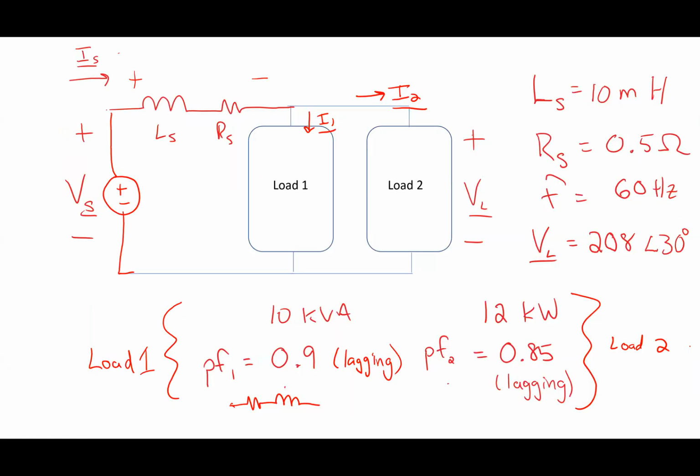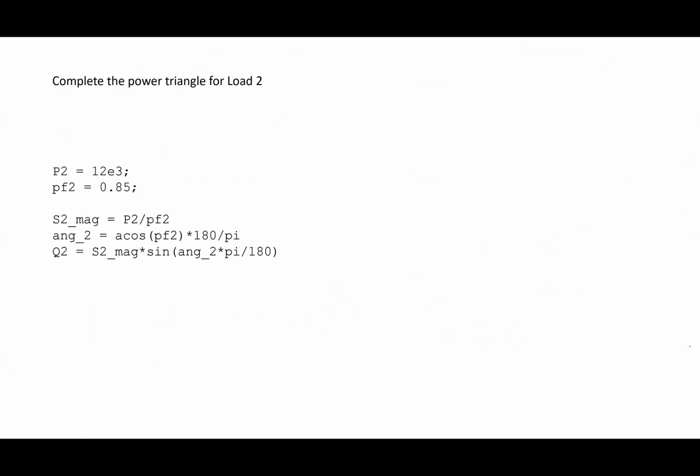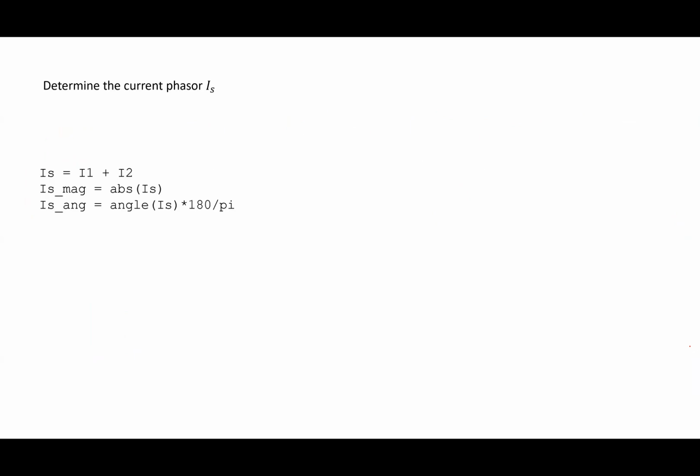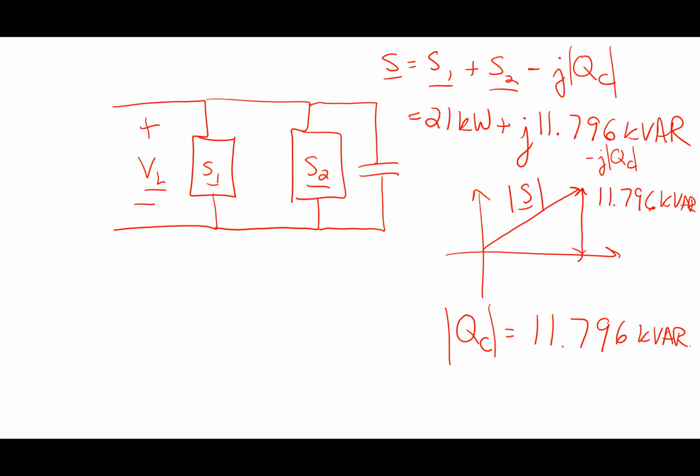In this case, Q would be equal to the magnitude of V line squared divided by the imaginary part of the capacitor's impedance.